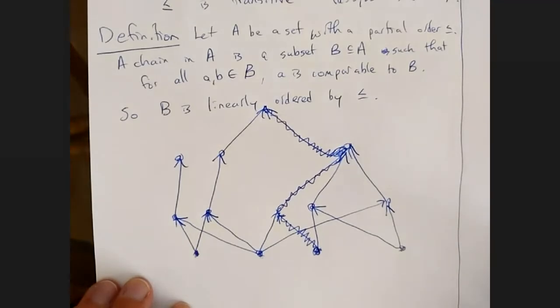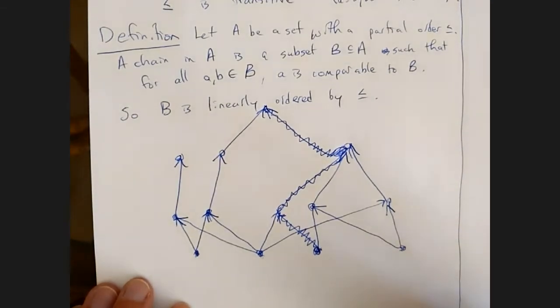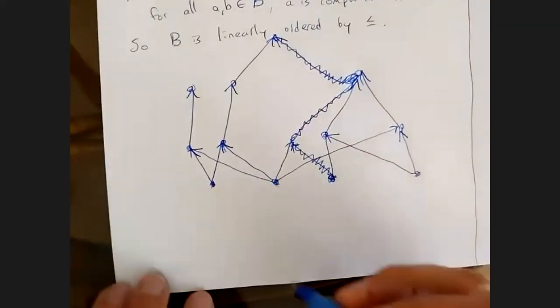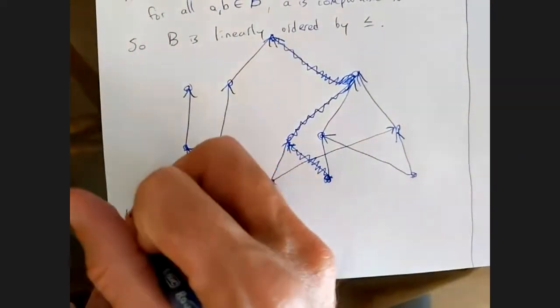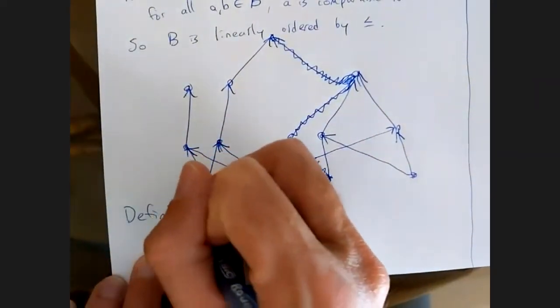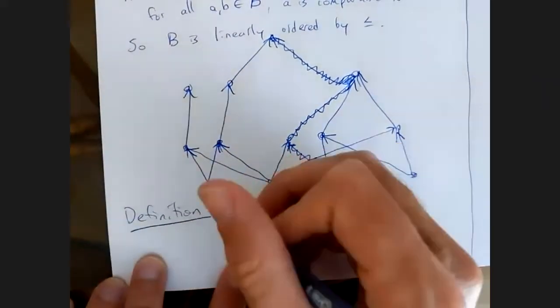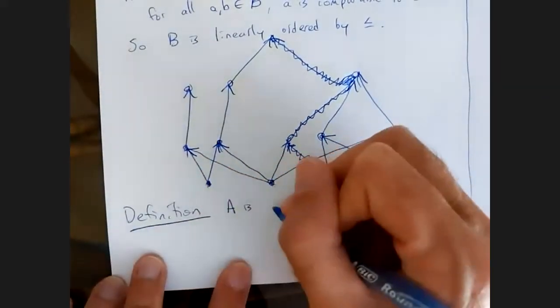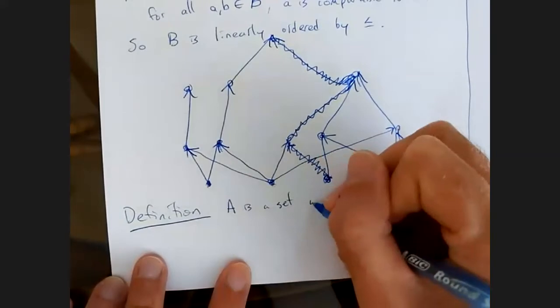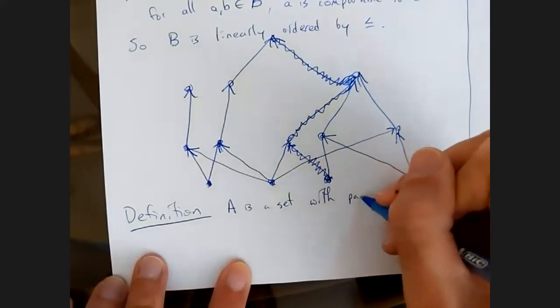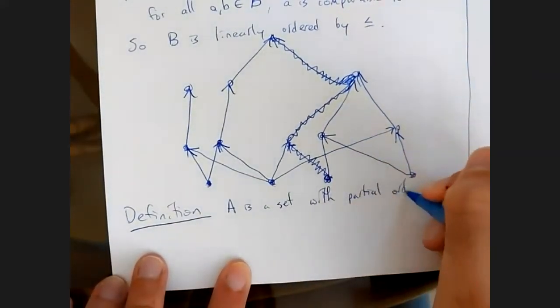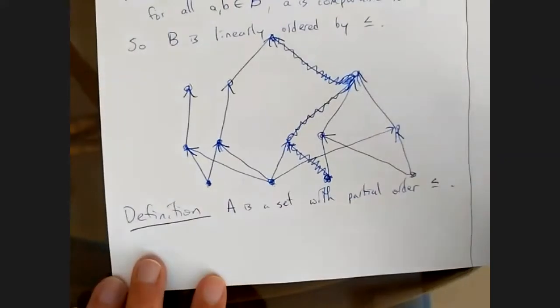So let's start talking about least elements. The name of least element kind of tells you what the definition should be, but let's write it down anyways. Again, A is a set with partial order less than or equal to.